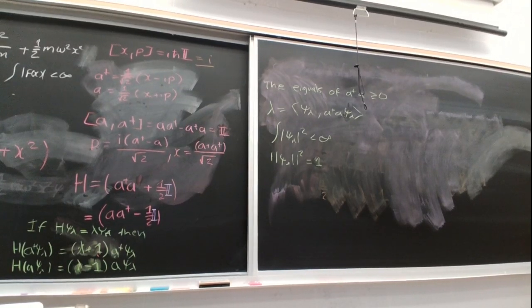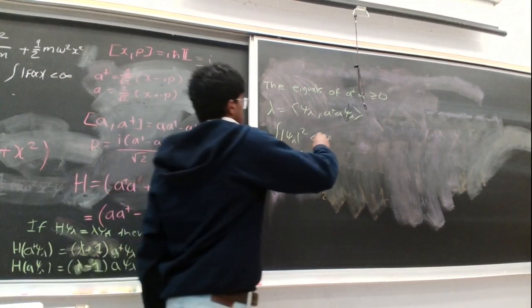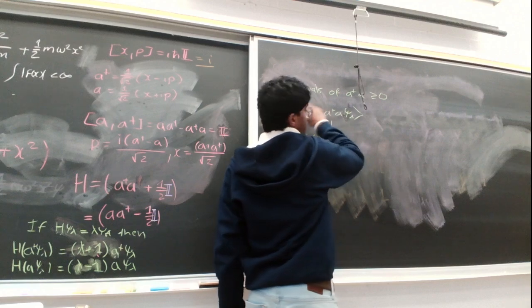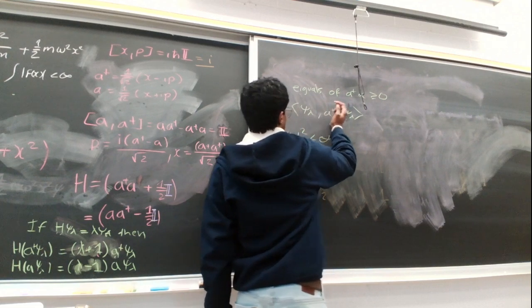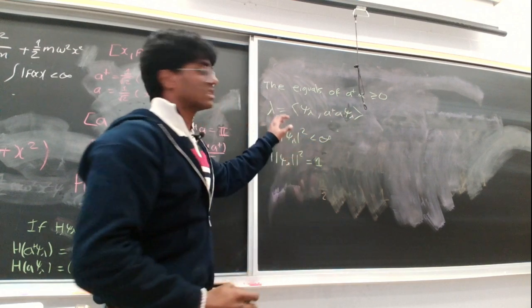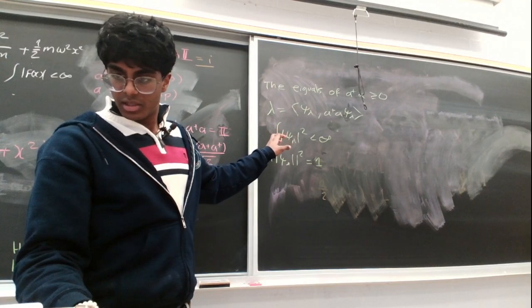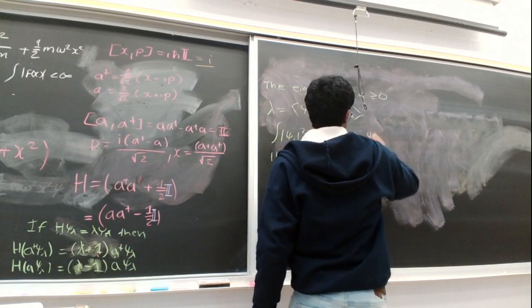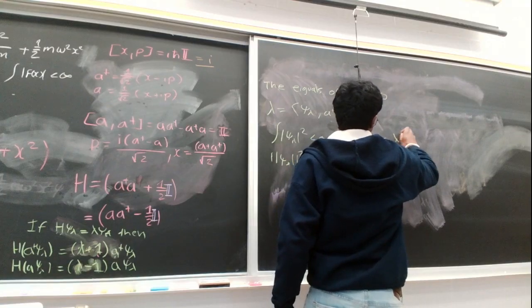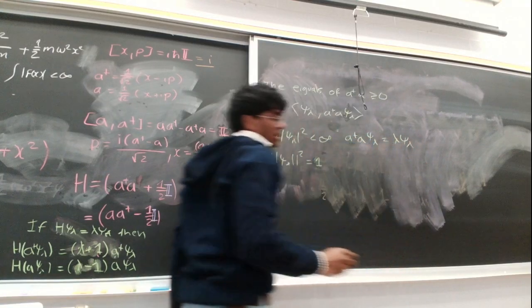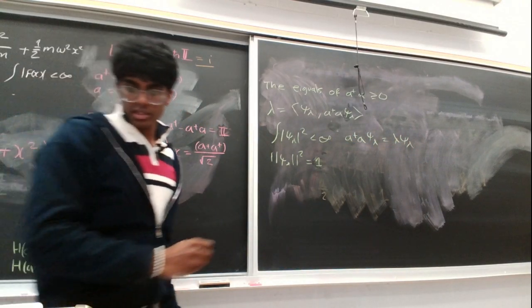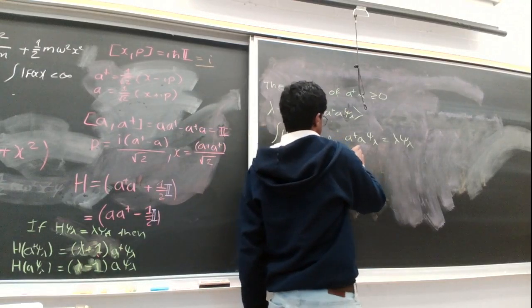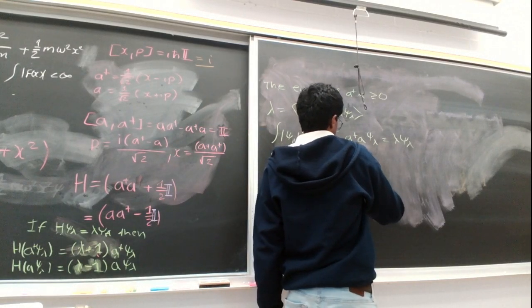Okay, so prove this fact. Prove everything. The reason that this is true is because a dagger a psi lambda is equal to lambda psi lambda, and then we can take the dot product of both sides with itself.